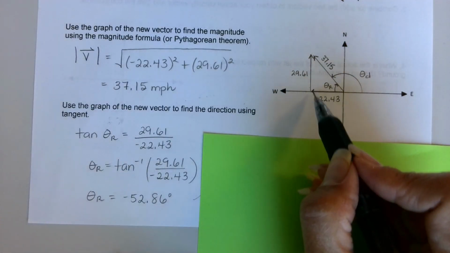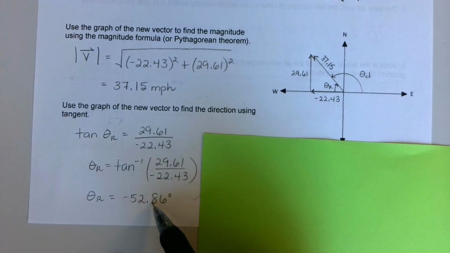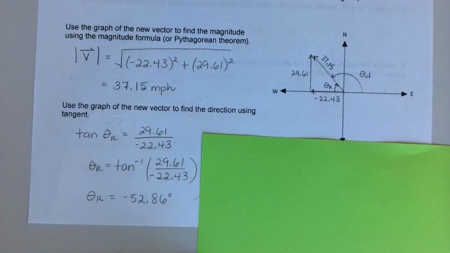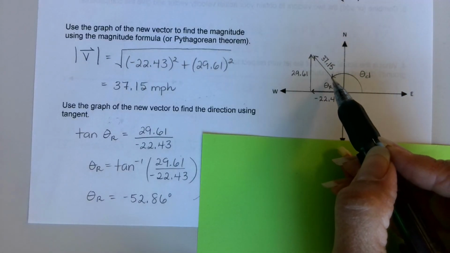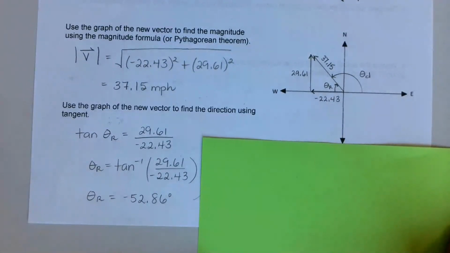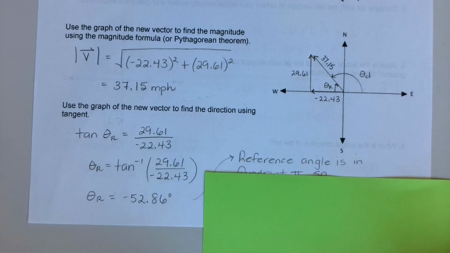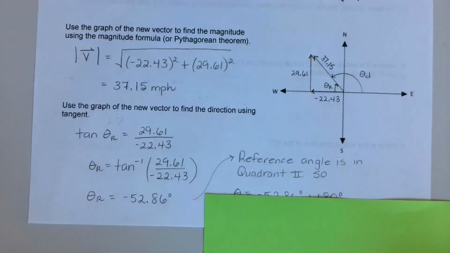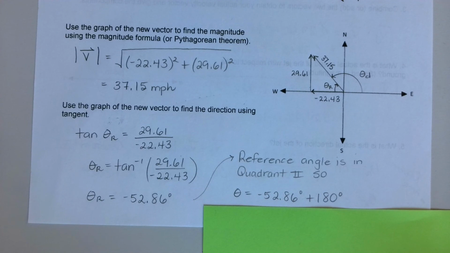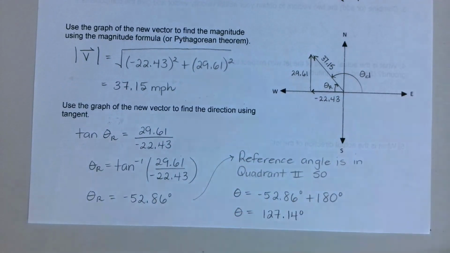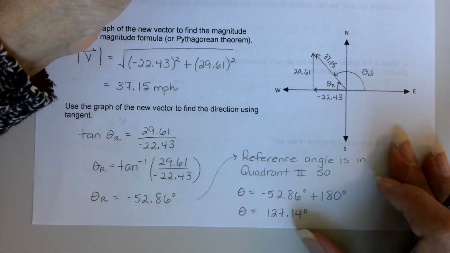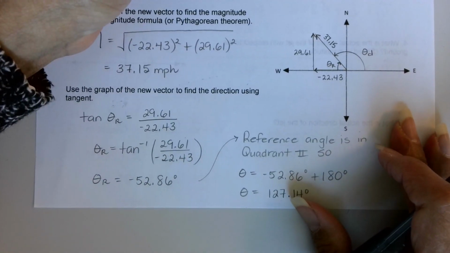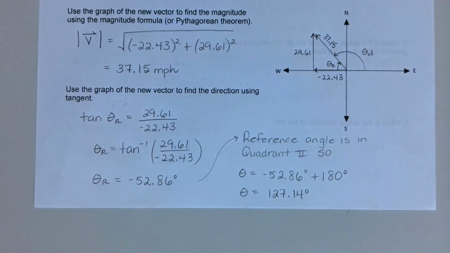There's my y over my x, and I get a negative 52.86 degrees, but we already established that we are sitting in the second quadrant. The second quadrant requires us to take our reference angle and add 180 to it. So once we do that, we end up with our direction angle for the position vector of our combined vectors from above.